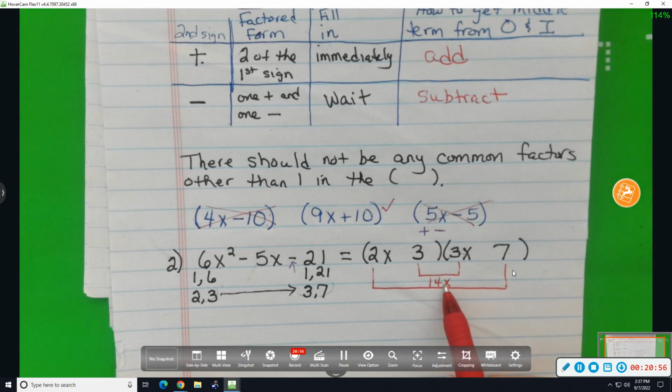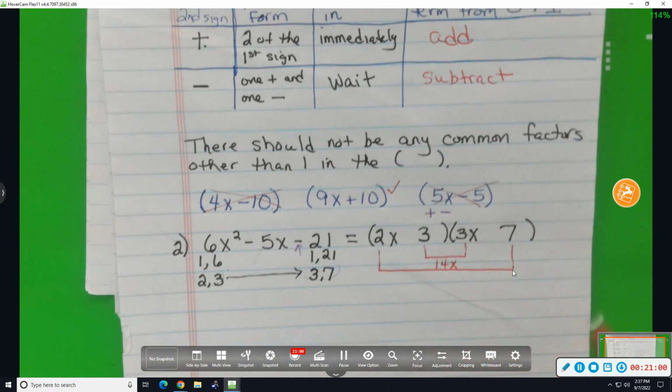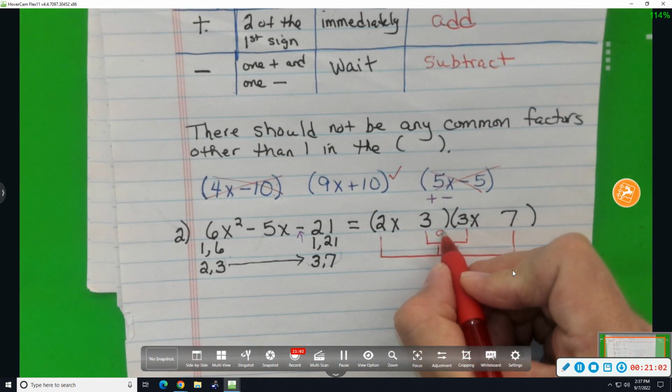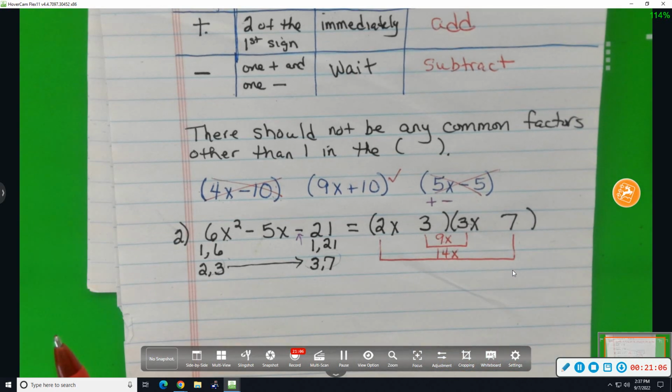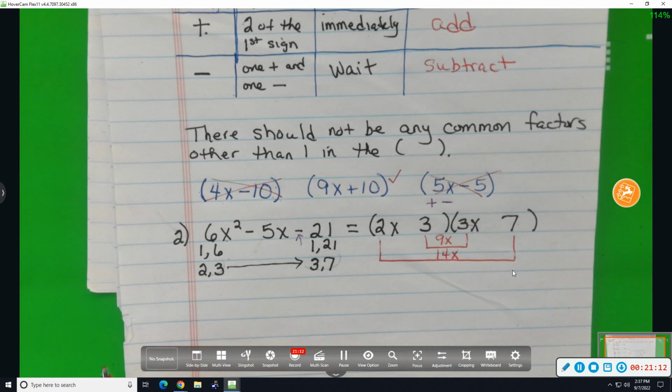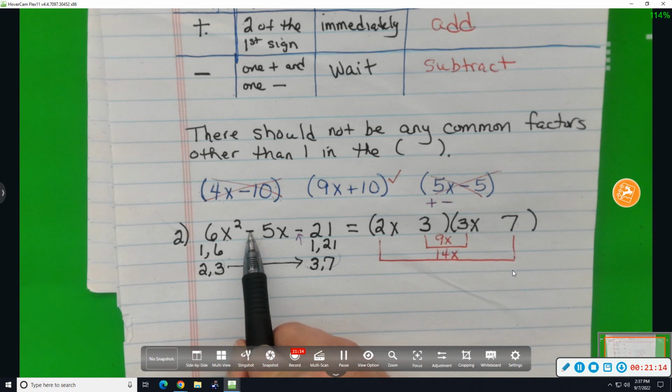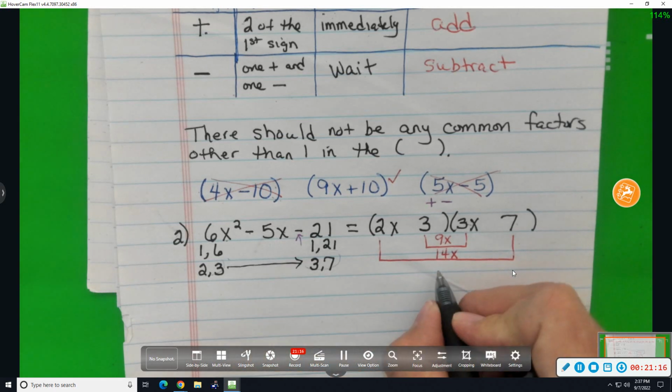That's outer. What would inner be? I'm going to write it right here. Is that 9x? You're following what I'm doing? I'm foiling out the outer and the inner. That needs to combine together to give a negative 5x.